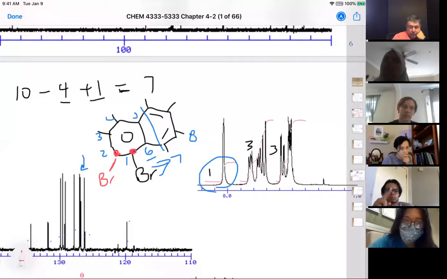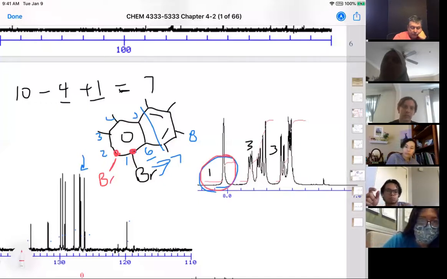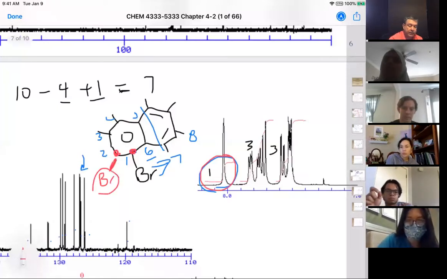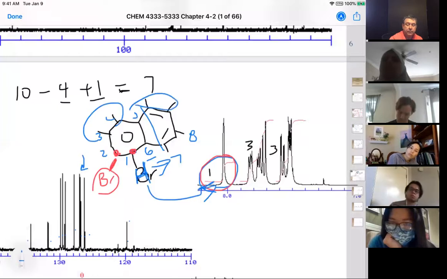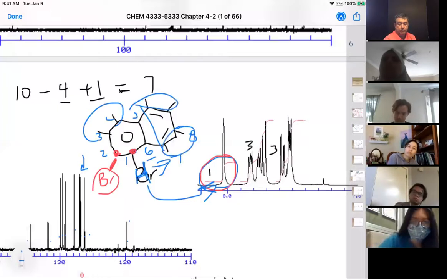So being with this 1 here, I think it's going to be this one right here. I think it's that position here, which gives us the hydrogen here being unique out here, and then the rest of these just kind of blend together, because that looks like 1 and 2, 1 and 2.